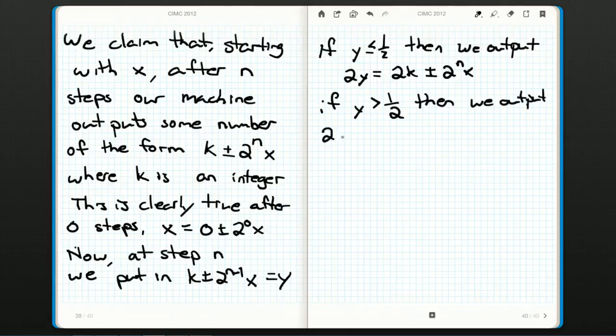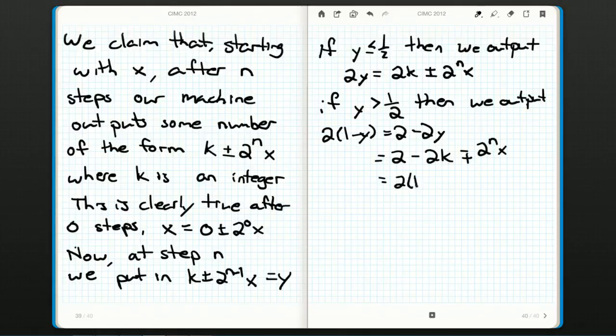We output 2 times 1 minus y, which is 2 minus 2y. And we know what 2y is, so it's 2 minus 2k minus plus. The sign here switches. 2 to the n times x. So really that's just a single number right there.